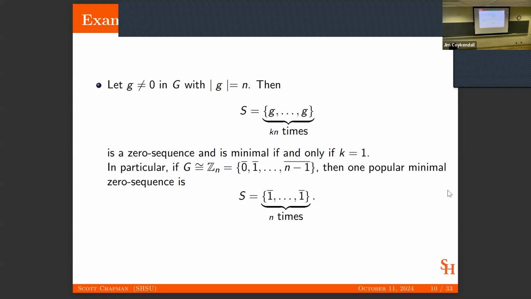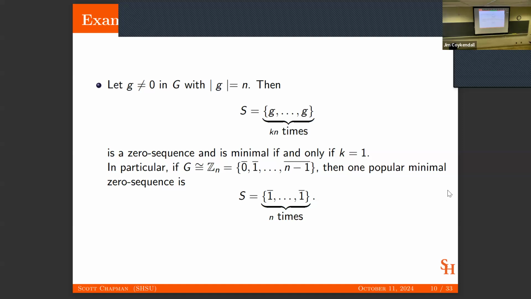Okay, now let's look at some basic examples of zero sequences and minimal zero sequences. So again, pick a non-zero element g in your group G, and let's suppose it has order n. Be careful, I redefined that a second ago for sequences. This is for an element.